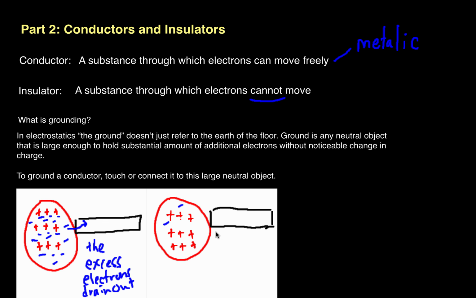And electrons contained within that neutral rod are drained into the conductor as it's attracted to the positives within it. In other words, neutralizing, electrons flow into the conductor.